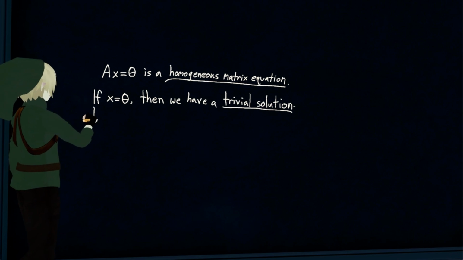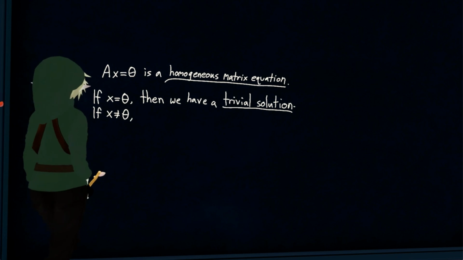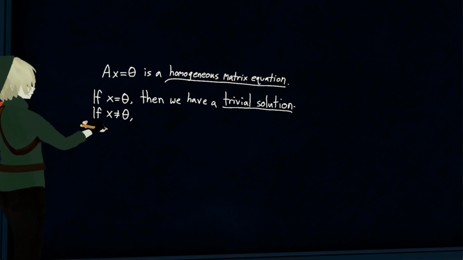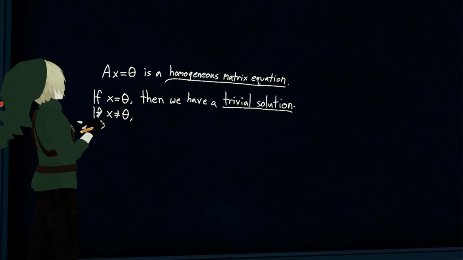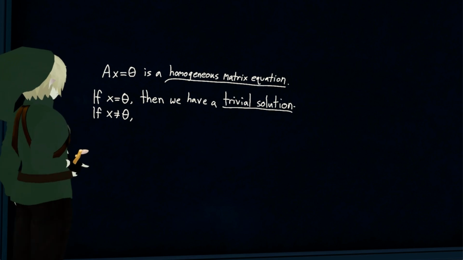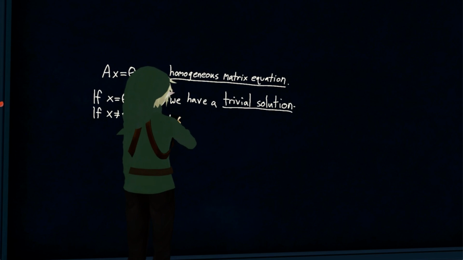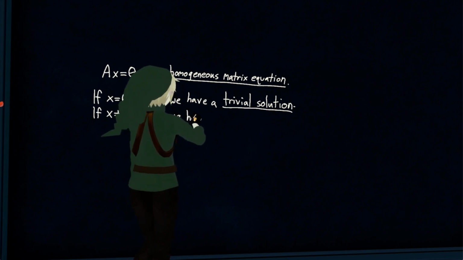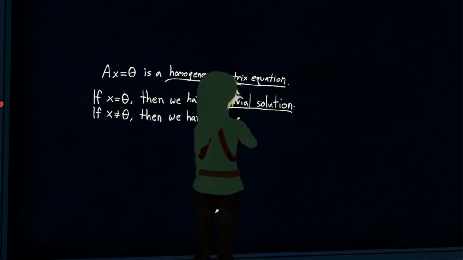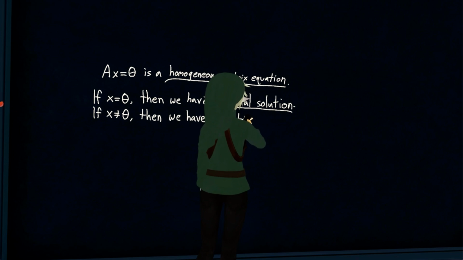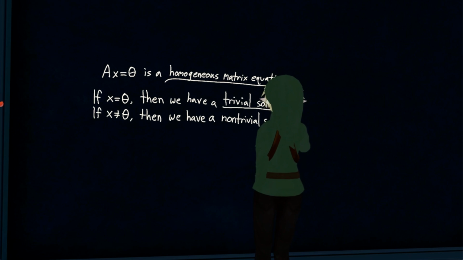But if x is not equal to a 0 vector, which can happen, which does happen, in fact, it's really not rare, then we have, and this is pretty easy to remember, a non-trivial solution.